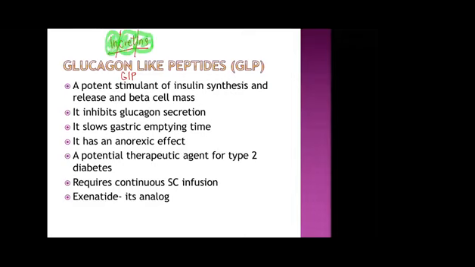So these are potent stimulant of insulin synthesis and release, like what I said a while ago, and enhance beta cell mass. Beta cells are the ones responsible for insulin synthesis and release. Therefore, if there is enhanced amount of beta cells, more insulin will be produced and released.